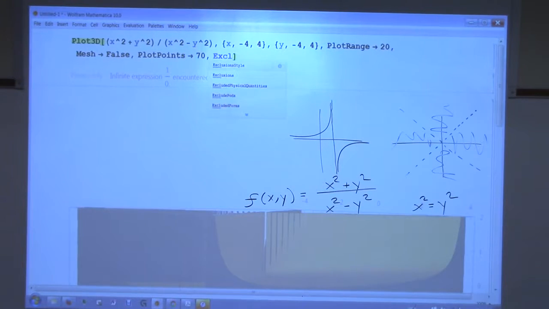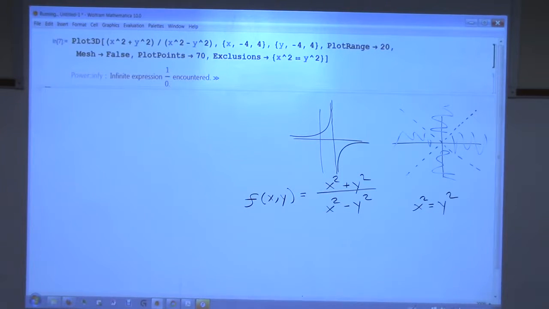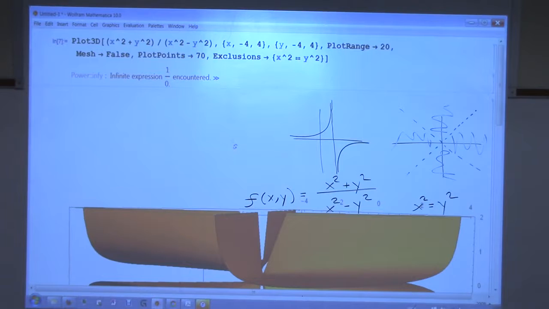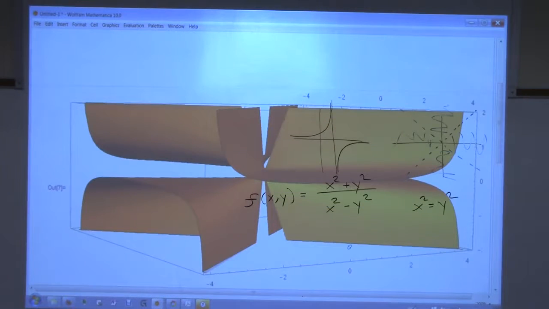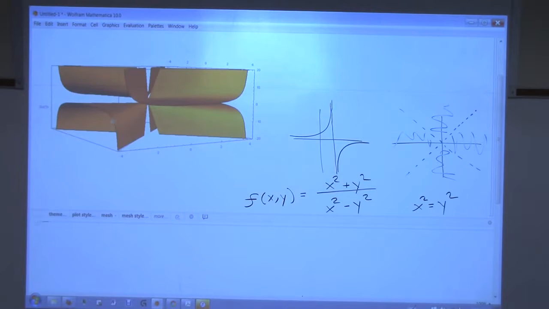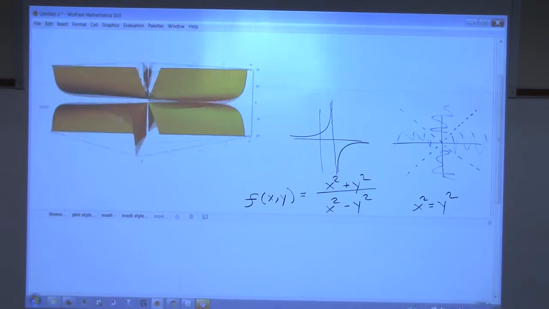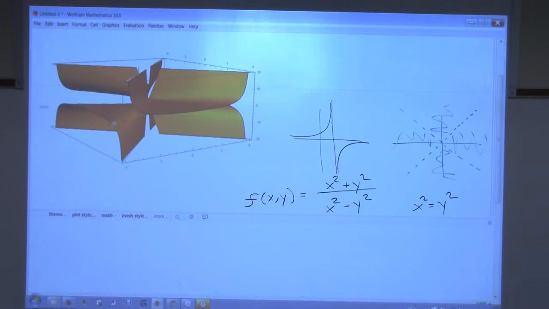Exclusions, and then I've got to remember the syntax for this. Exclusions, x squared equals y squared. I think I may have messed this up, but I'm going to try. Okay, there we go. That worked. So what I did is I told the computer that if you ever try to plug in x squared equals y squared, not to do that, to take those out.